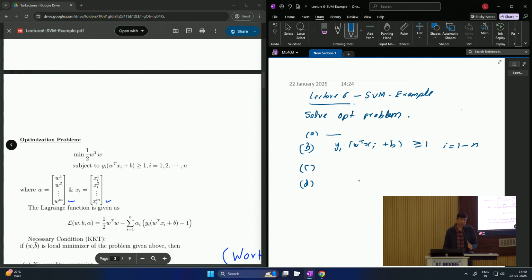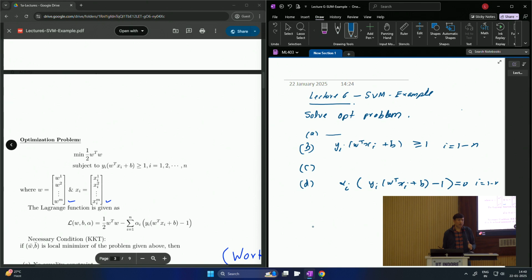In machine learning we refer to them as alpha. So if alpha are the Lagrange multipliers corresponding to the inequality constraints, you would have alpha i times Yi (W transpose Xi plus B minus 1) equal to 0, i going from 1 through n.